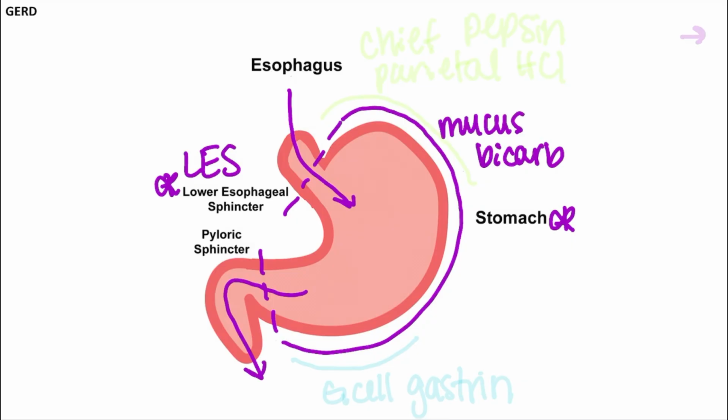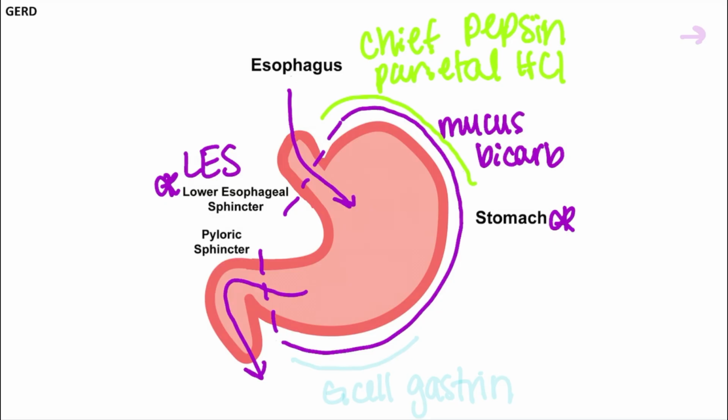But in the body and the fundus of the stomach, we actually have parietal cells that are responsible for the secretion of the hydrochloric acid that leads to that acidic environment. In this same area, there are chief cells, which are responsible for the secretion of pepsinogen, which in the acidic environment is converted to pepsin to aid in chopping up all those proteins that are ingested.